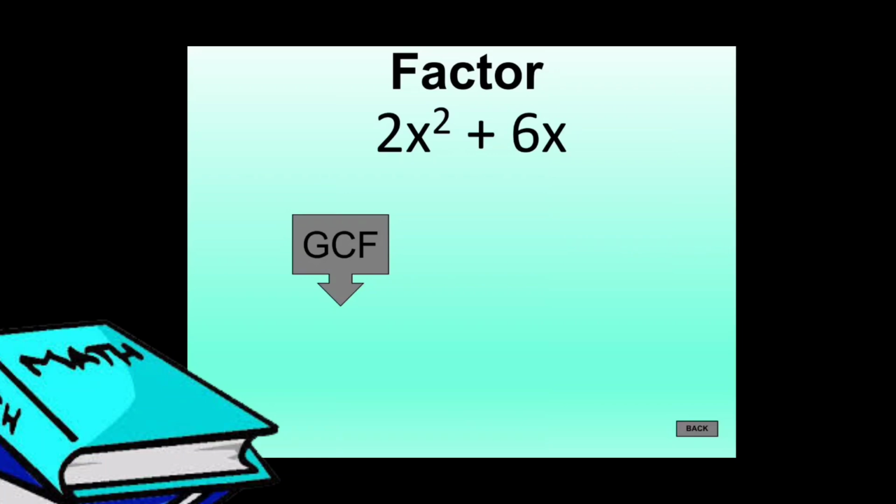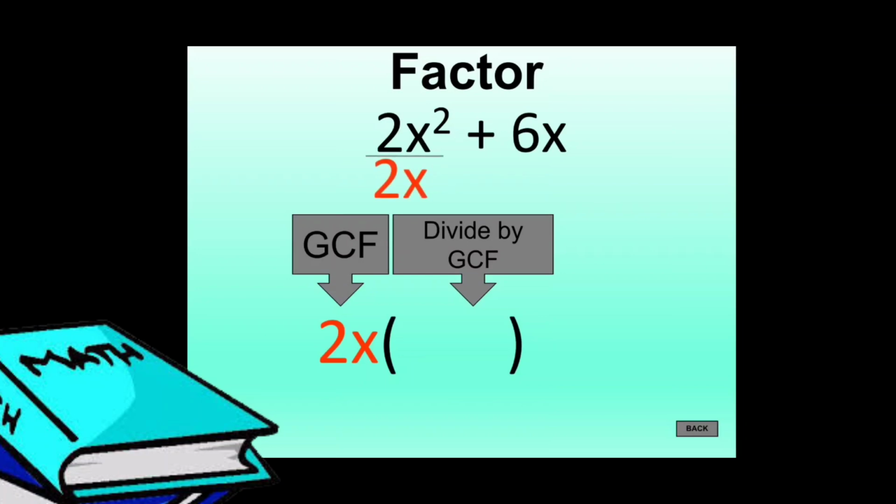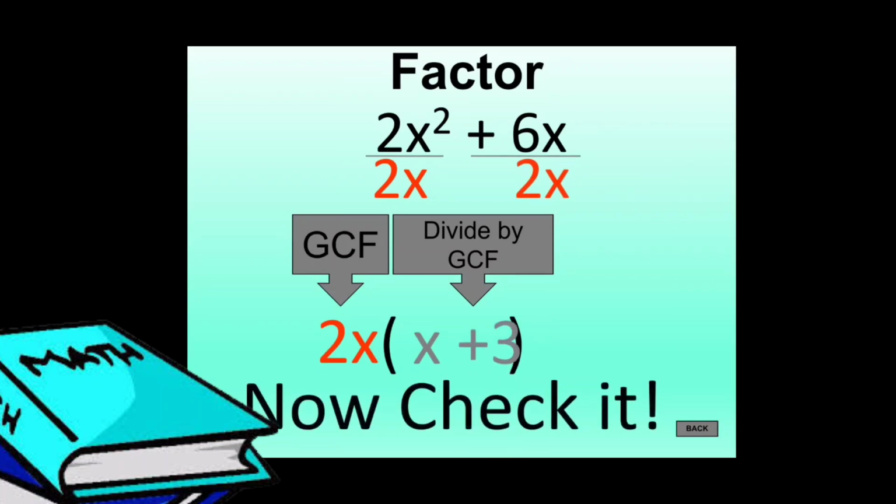Now, how about the factors of 2x squared plus 6x? The first step is to find the GCF, and our GCF is 2x. The second step is to divide each term to find the other factor. 2x squared divided by 2x is x, while 6x divided by 2x is 3.